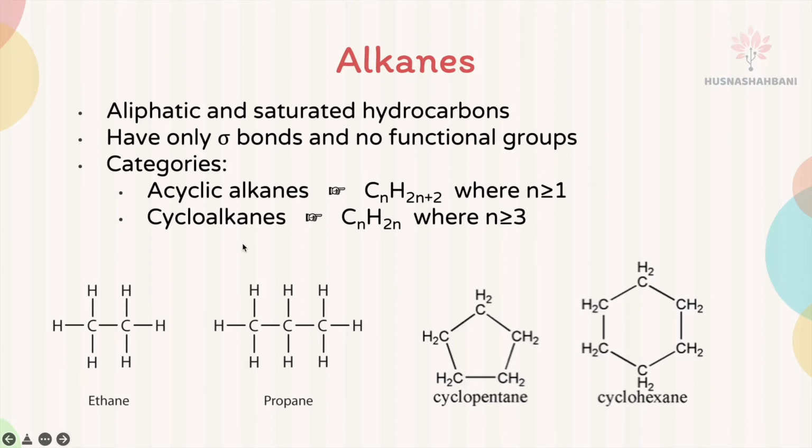So these are examples of acyclic alkane: ethane and propane, which contain sigma bonds only. For cycloalkane, the carbon-carbon bonds form a ring, so that is cyclo. Examples of cycloalkanes are cyclopentane and cyclohexane.